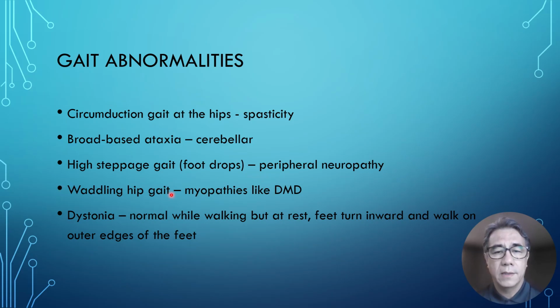A waddling gait is usually due to a muscle disorder or a myopathy or a muscular dystrophy like Duchenne's. The patient has dystonia, normal tone while walking, but at rest the feet turn inward and walk on the outer edges of the feet. That might be secondary to basal ganglia disorders.